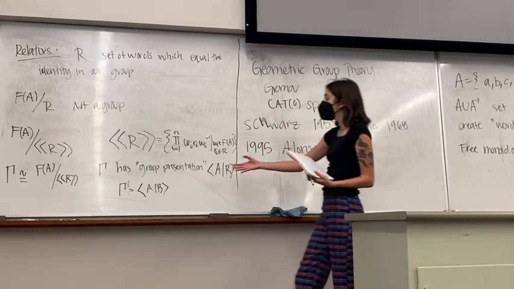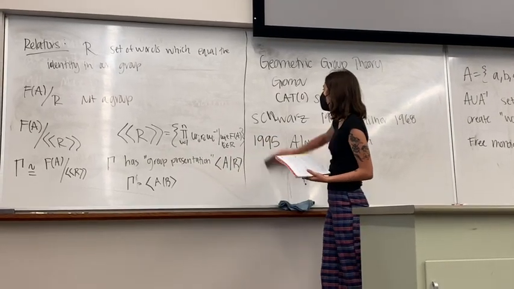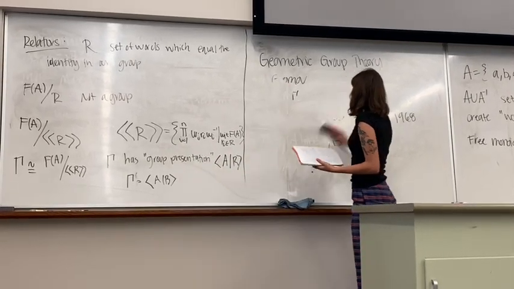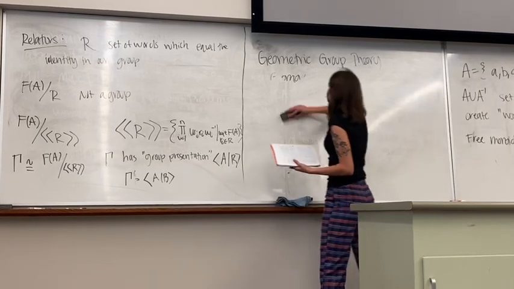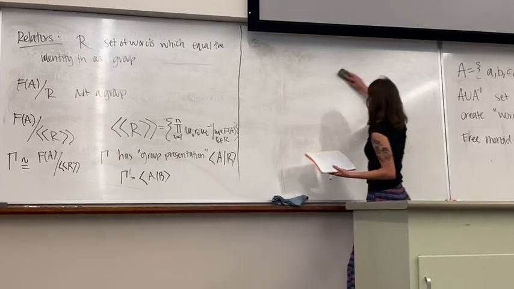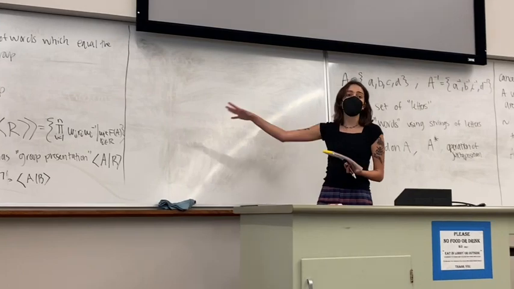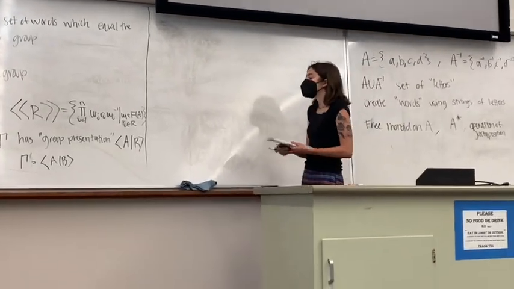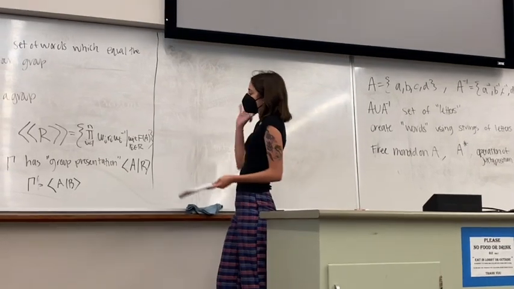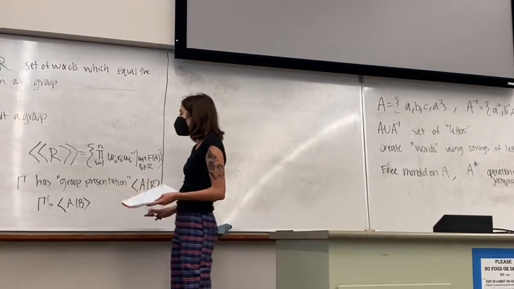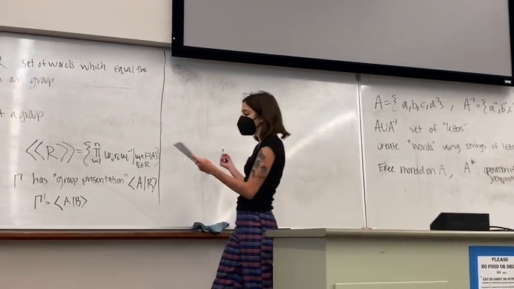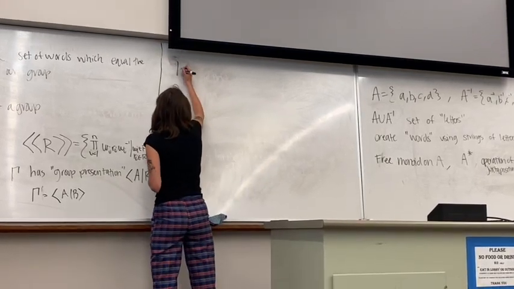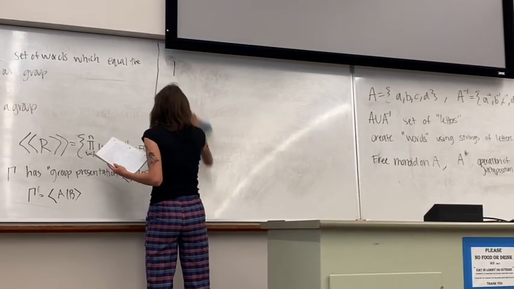So once we have this group presentation, we can then view our group as a metric space using the presentation. This is where we move from combinatorial group theory to geometric group theory, because now we're looking at our group as a metric space. In order to define a metric on the group, we first define word length.